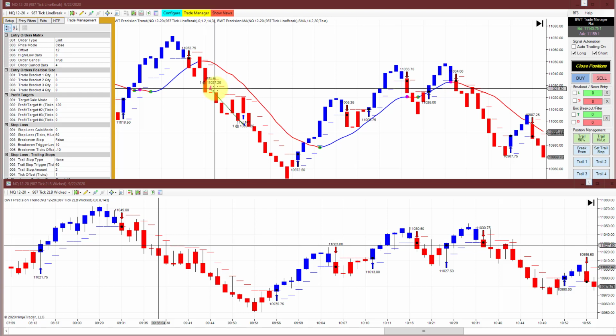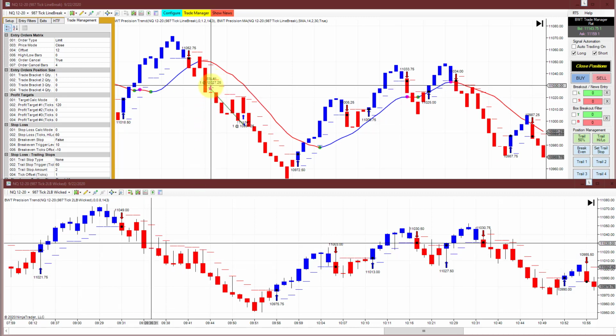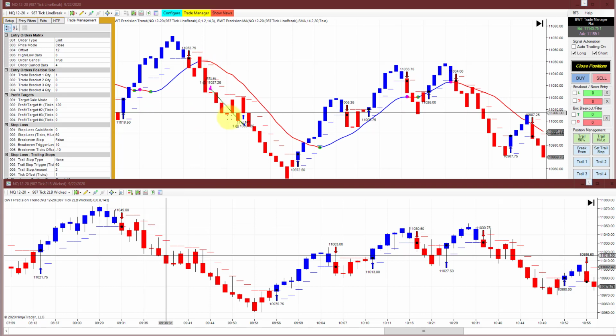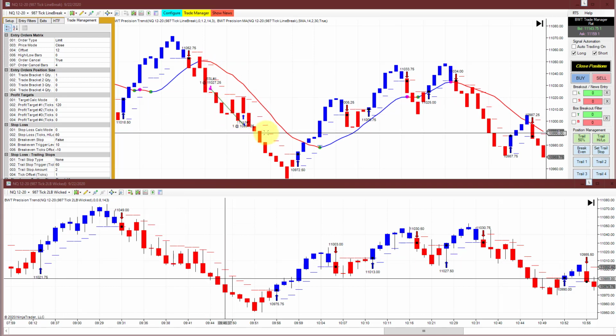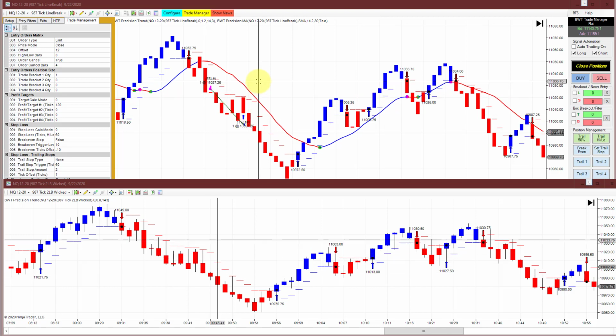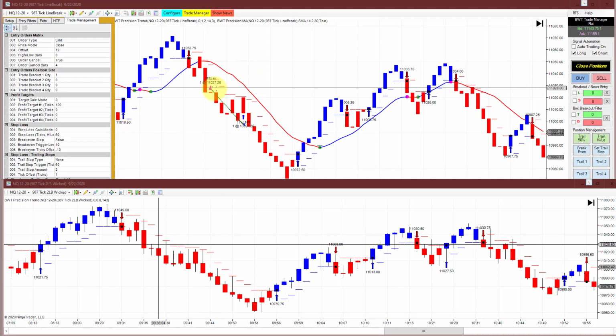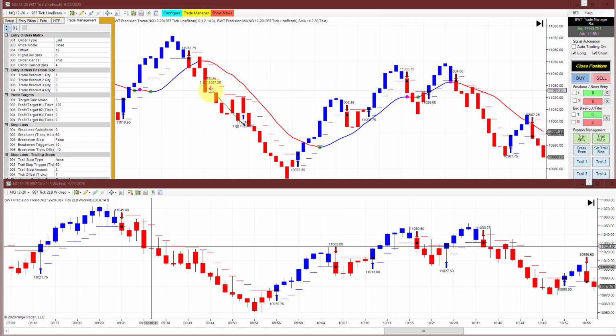This was 8 points, so the pullback could have easily been 30 or 40 ticks and you still would have got filled here. This is also filtered by the moving average, but by seeing these wicks on the bars, as well as the other time frames in line break we trade, we can get an idea of what kind of pullback limit order you can use.